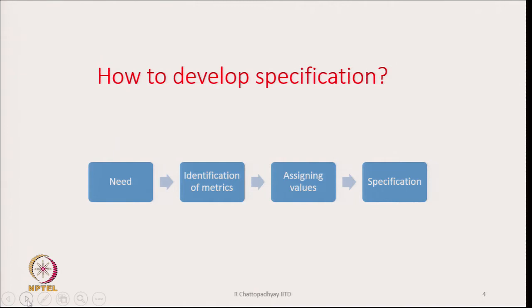How do you develop specifications? If you look at this flow chart, the starting point is the need. Then we have to identify the metrics for these different needs, and then we have to assign values.